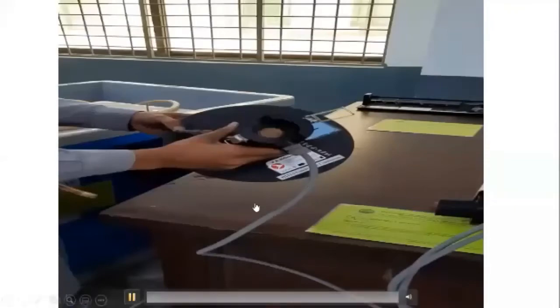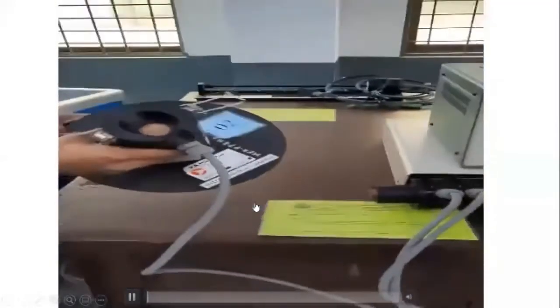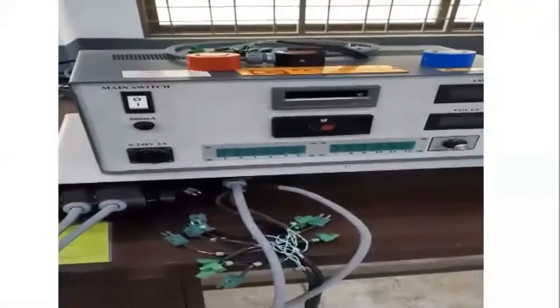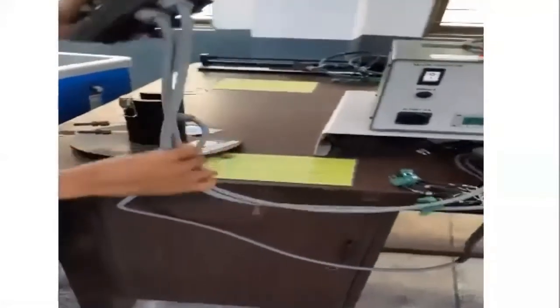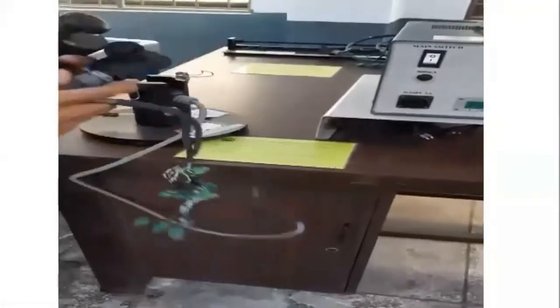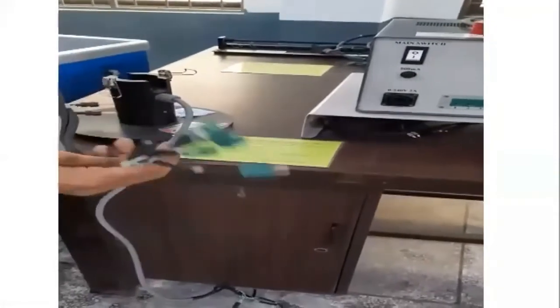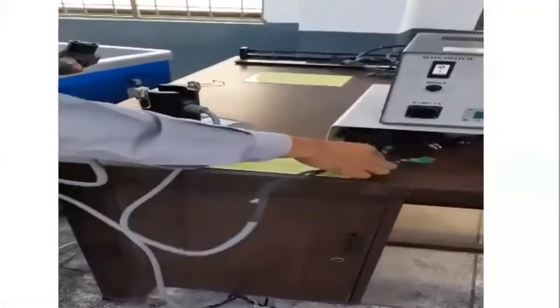This is the apparatus we are using for experiment 1. The name of the apparatus is the linear heat conduction unit. This is the upper part of the apparatus, and there is also a lower part.